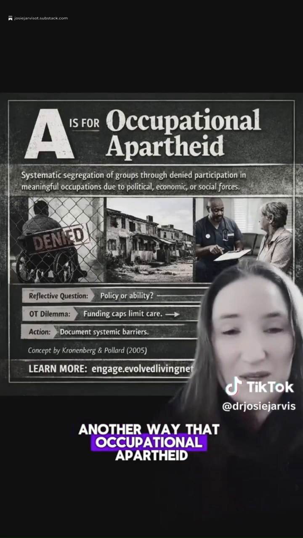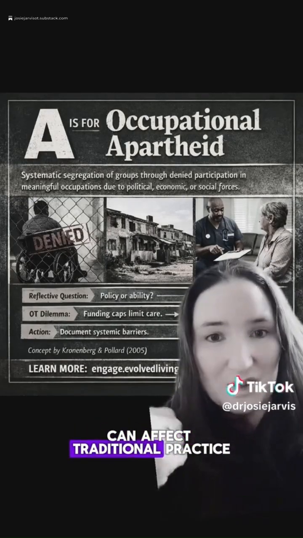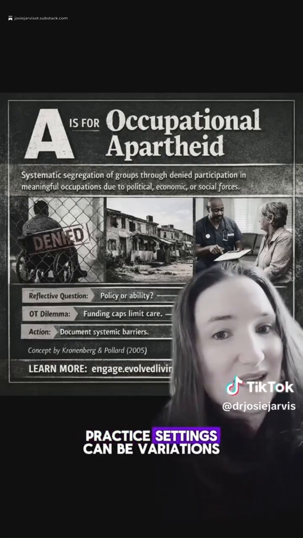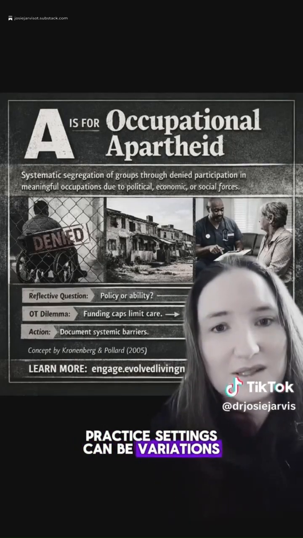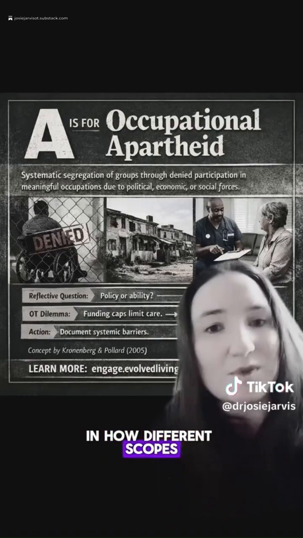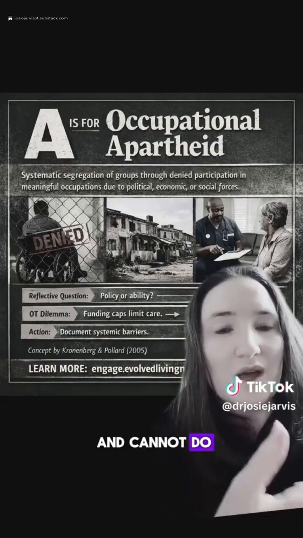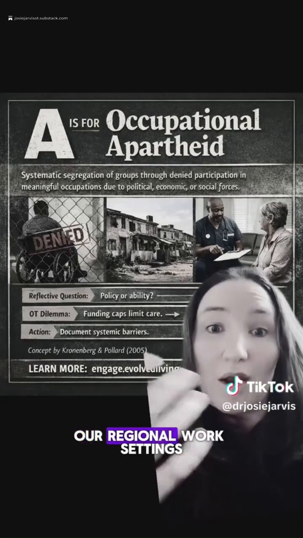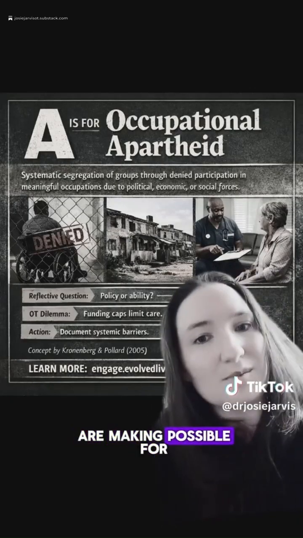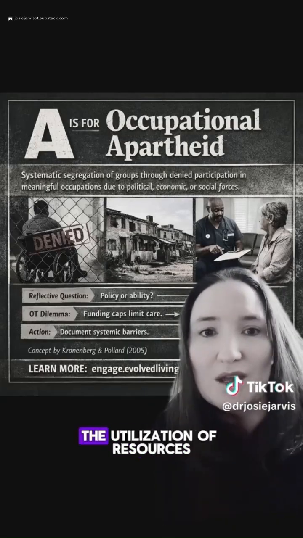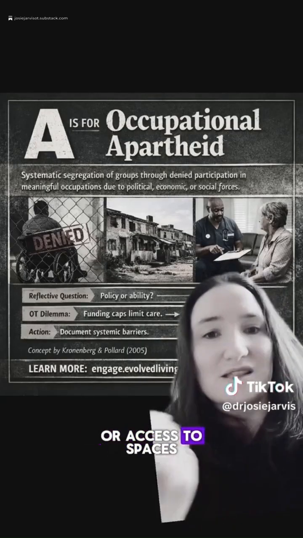Another way that occupational apartheid can affect traditional practice in the United States practice settings can be variations in how different scopes of practice are interpreting what OTPs can and cannot do, and what our regional work settings are making possible for us with the utilization of resources or access to spaces.